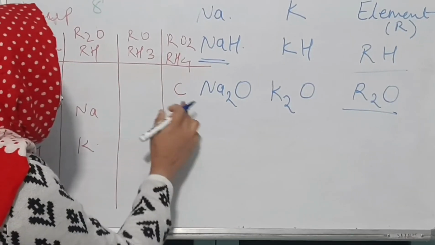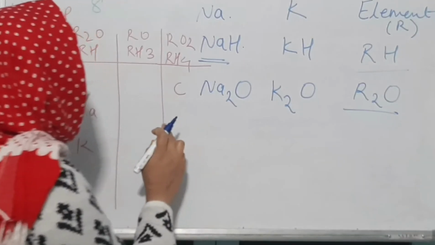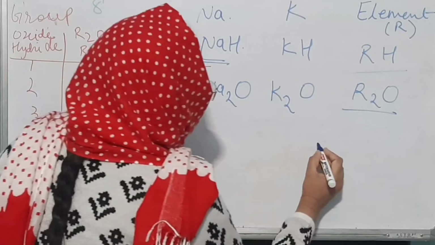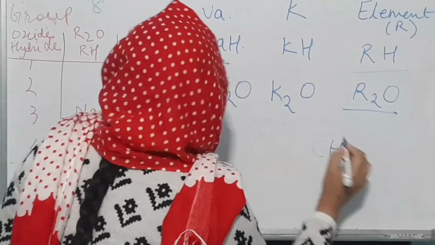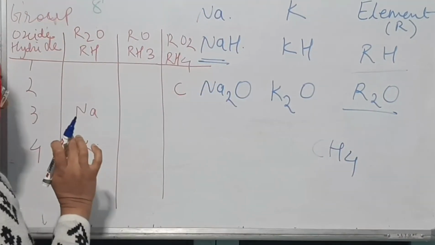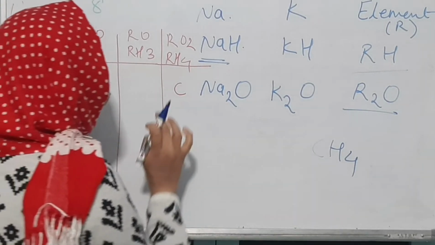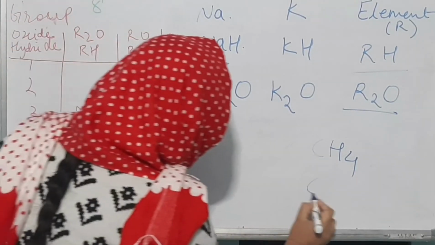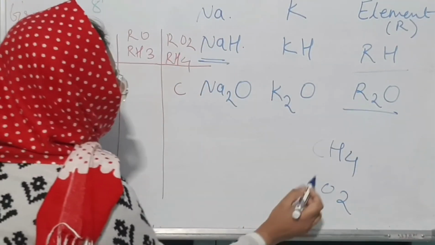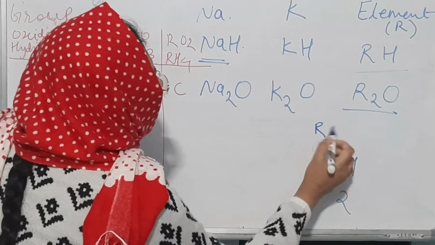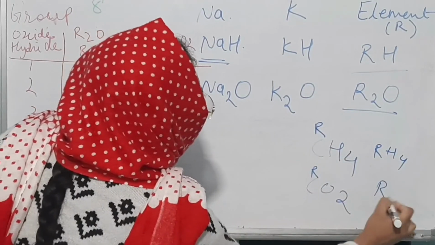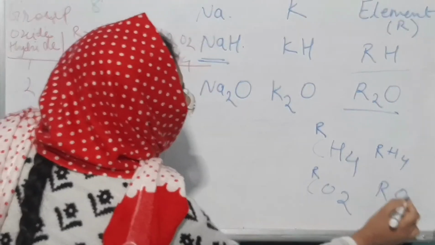Similarly, for carbon, when we find the compound of carbon with hydrogen, it comes out to be CH4, and the compound formed with oxygen is CO2, that is carbon dioxide. So, taking R, it again comes to be RH4 and RO2.